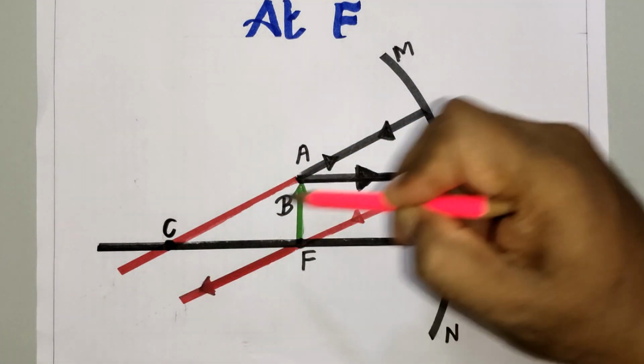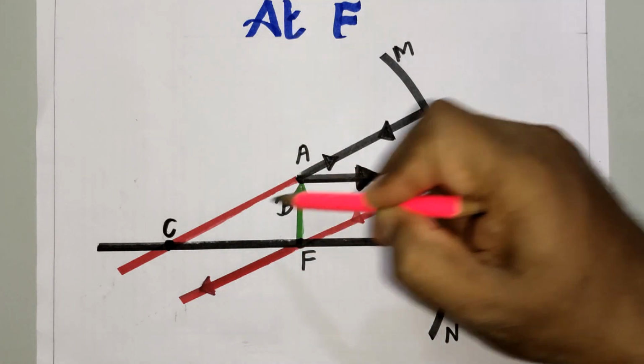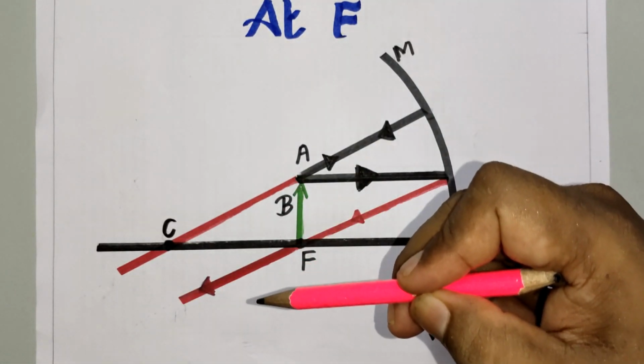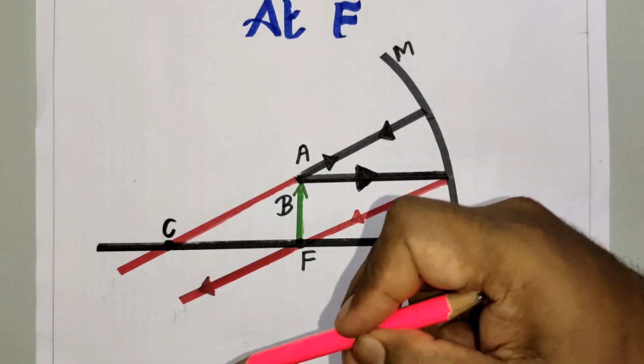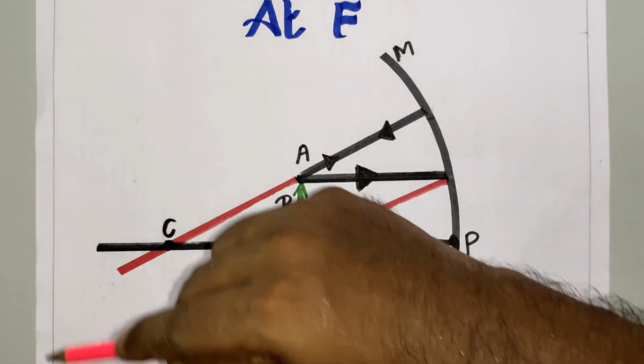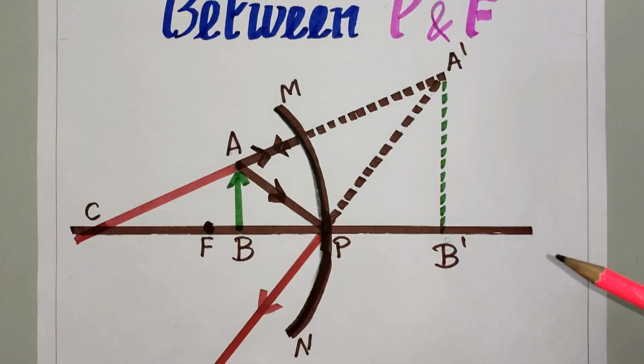Now these two reflected rays meet at infinity only. So for this position, we will get a real and inverted image at infinity.